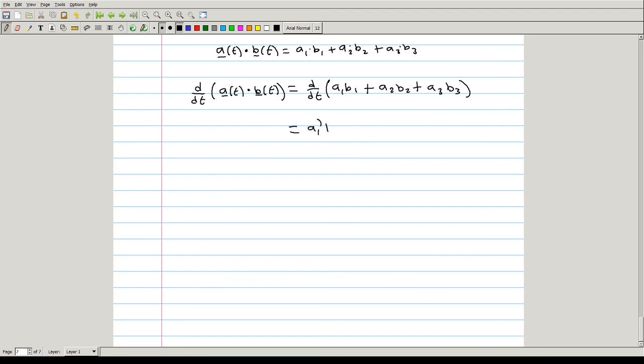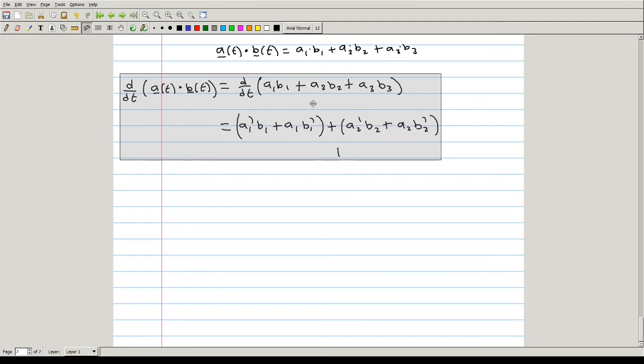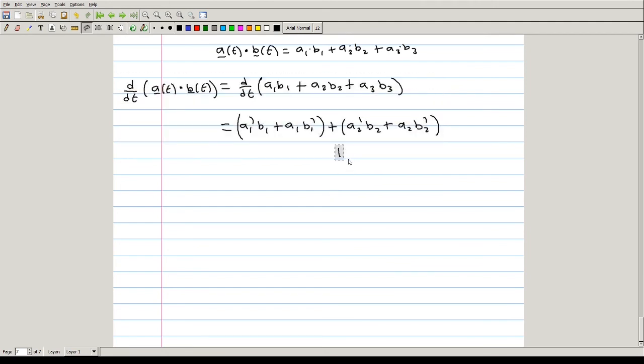So it's a1 prime times b1 plus a1 times b1 prime, plus a2 prime b2 plus a2 times b2 prime, and then lastly a3 prime times b3 plus a3 times b3 prime.